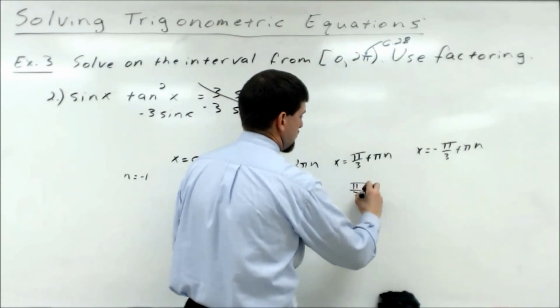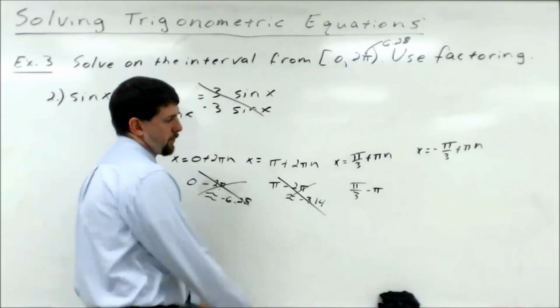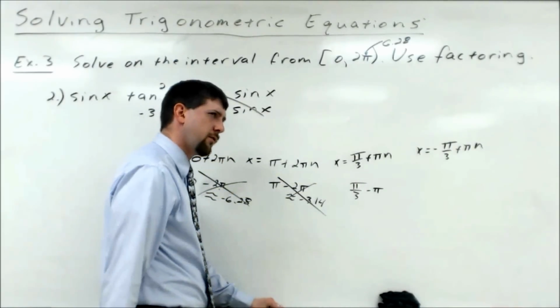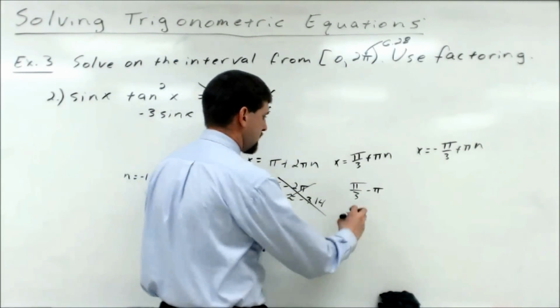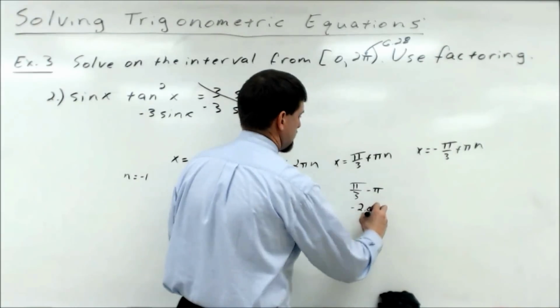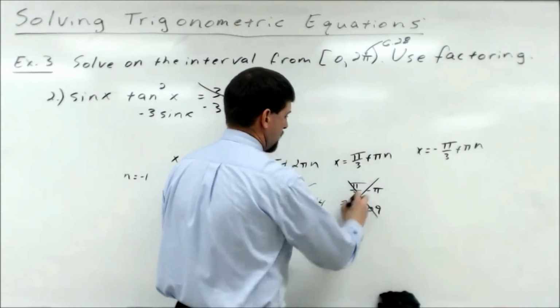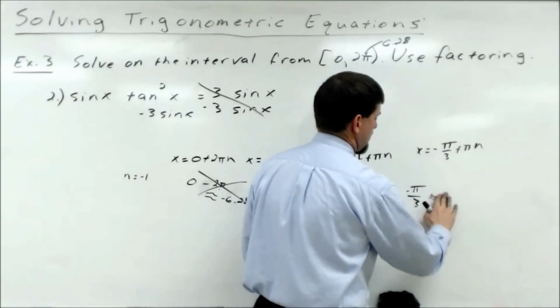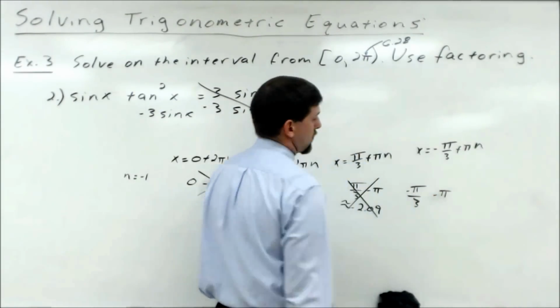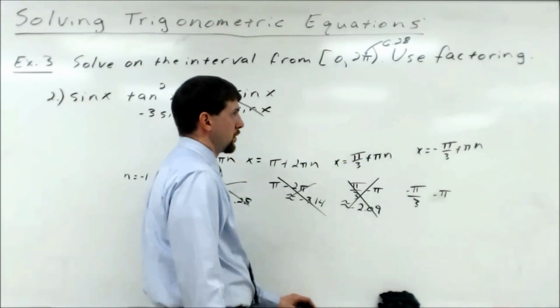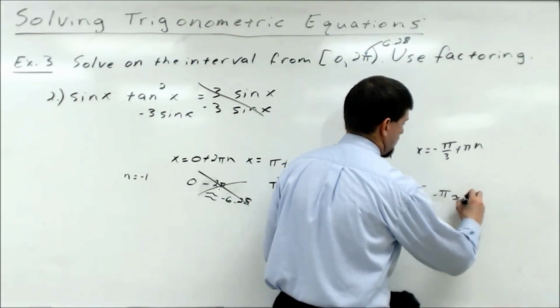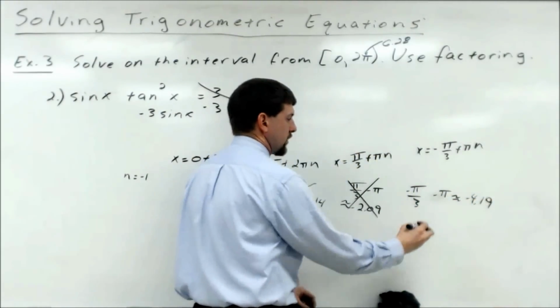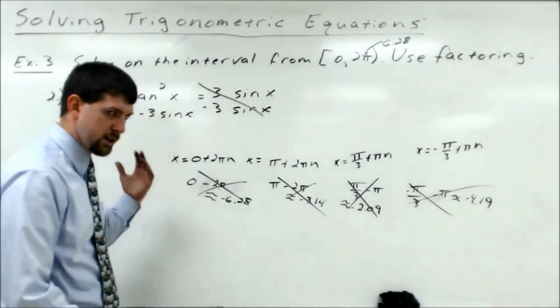Pi over 3 minus 2 pi: 1.05 minus 6.28 is about -5.23. Negative pi over 3 minus 2 pi is about -7.33. So again, doesn't work. So n equals -1 didn't work.